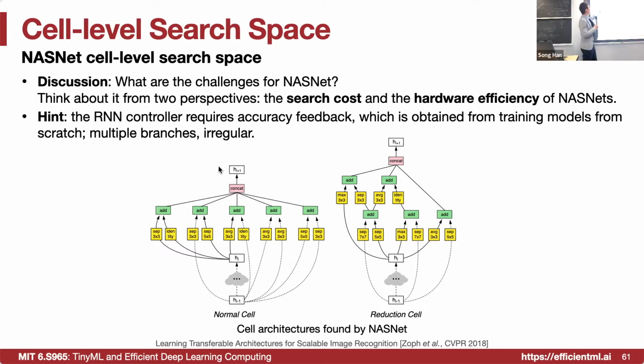I think about two directions. One is the search cost. The other is the hardware efficiency, the inference. So we already talked about the first aspect, right? We have to evaluate a lot of neural nets to collect the feedback, which requires a huge amount of training time. And for inference, this model contains many different branches.